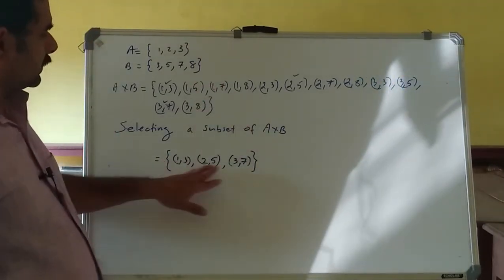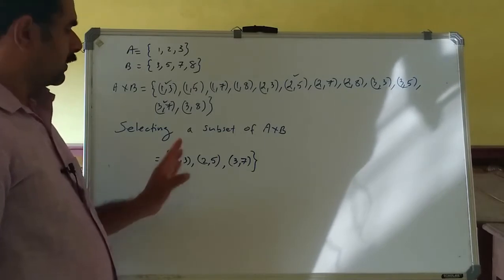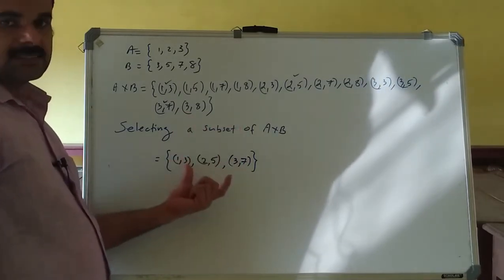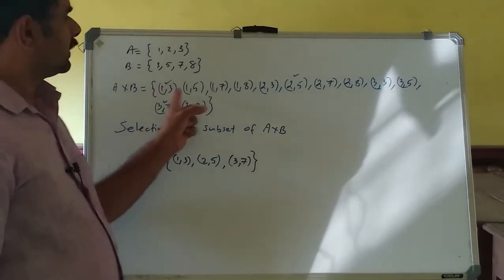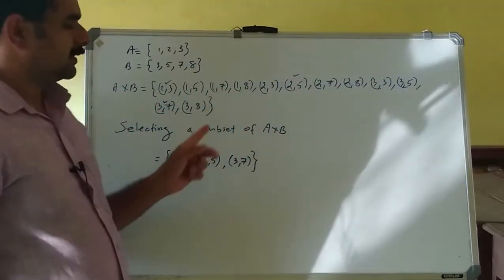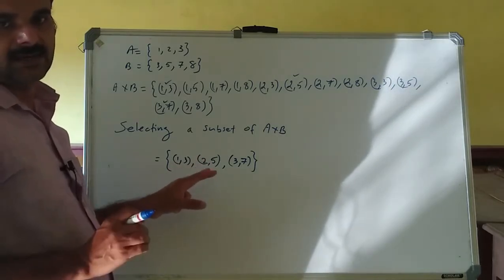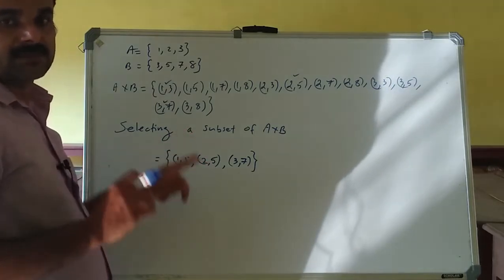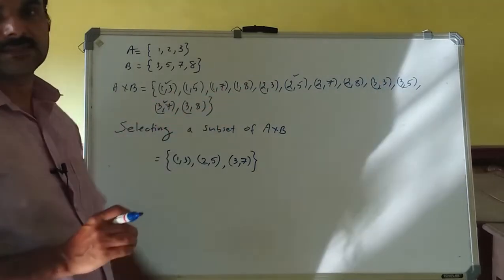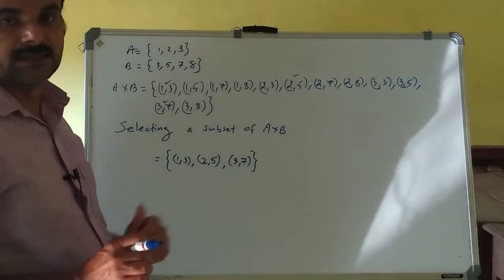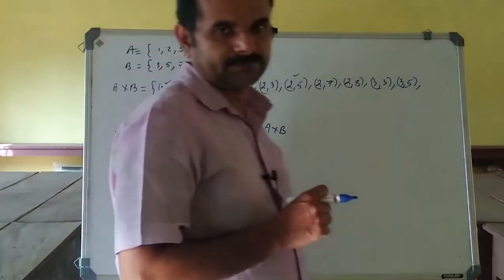Actually, this is a small set and all elements of this set can be seen in this big set. Therefore, this small set is considered a subset of this big set. This concept was learned in the first chapter.